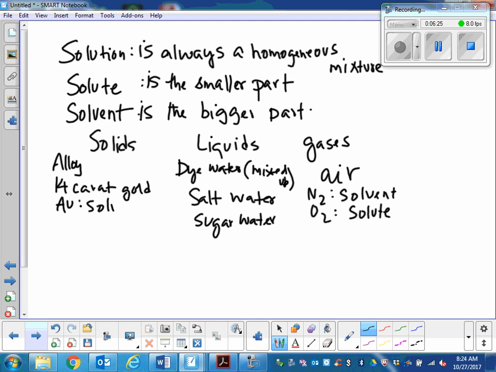Gold is the solvent. What else do they add to gold? Pure gold is a squishy metal, guys. Silver. Alright? So silver is the solute. Gold is squishy. Did you know that? You can press gold, pure gold, if it's 24 karat gold.